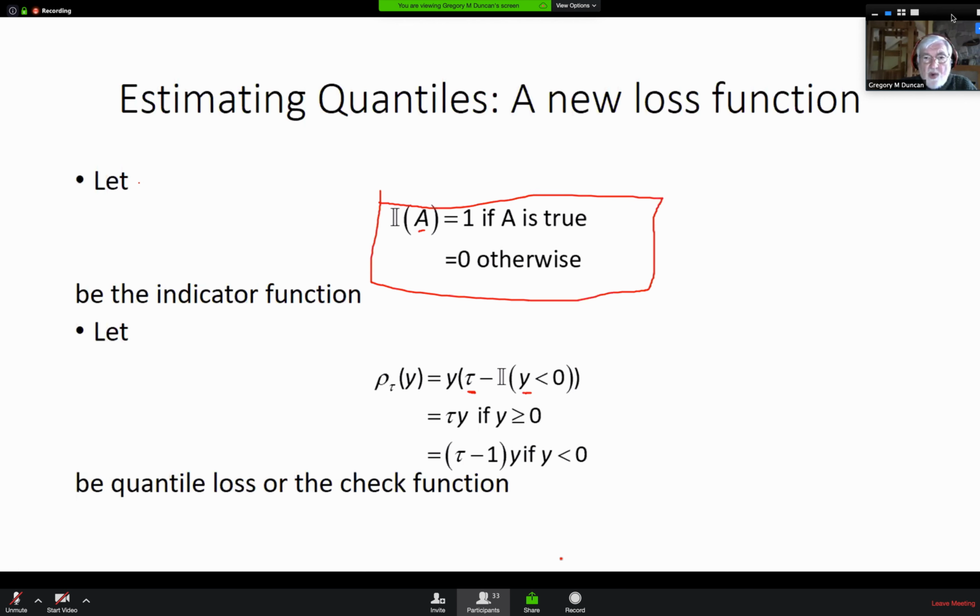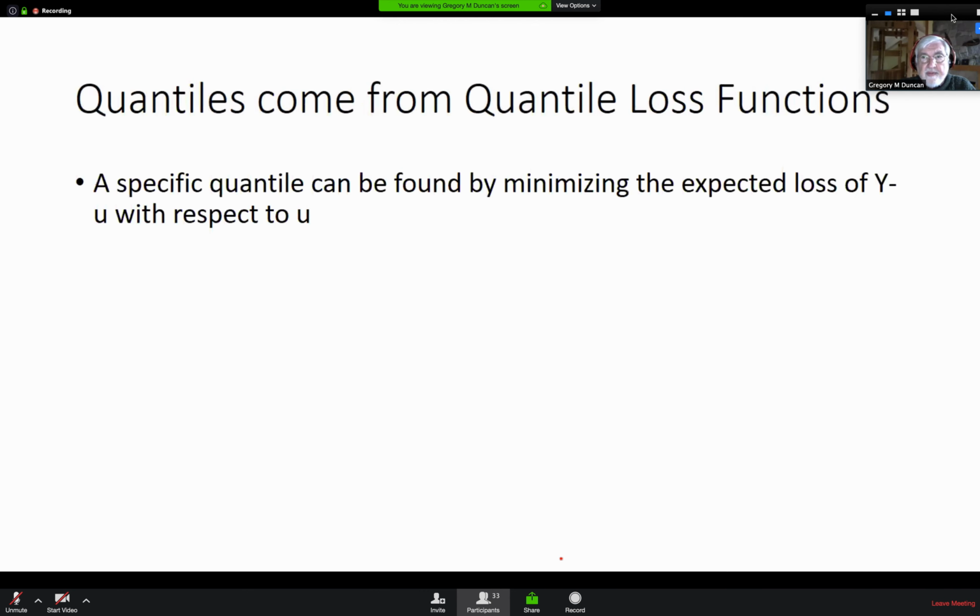Okay, so it's the quantile or the check loss function. A specific quantile can be found by minimizing the expected loss of y minus u with respect to u.